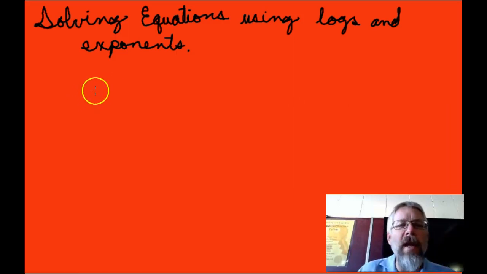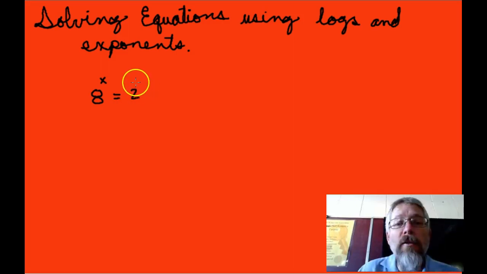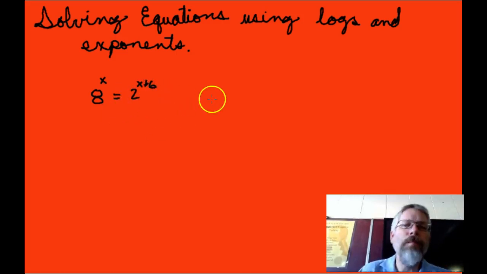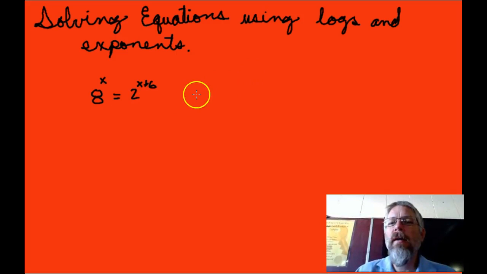Okay, so suppose I have 8 to the x power is equal to 2 to the x plus 6 power. Well, there's a little principle that we can use, and it goes like this.